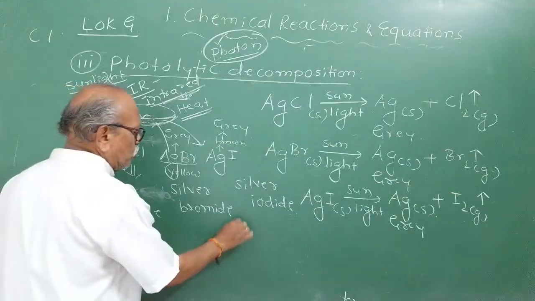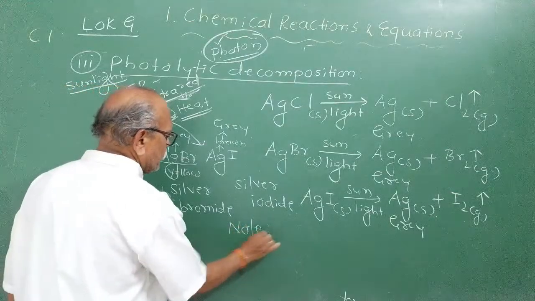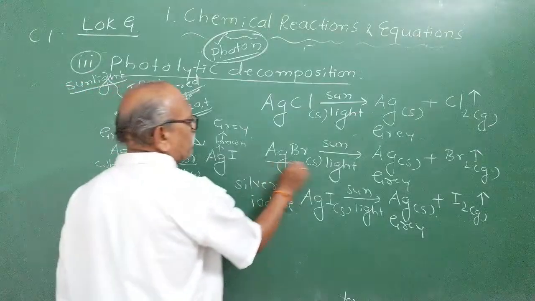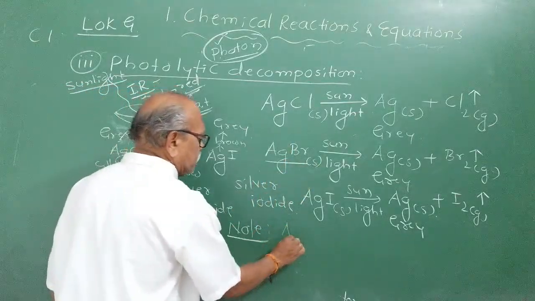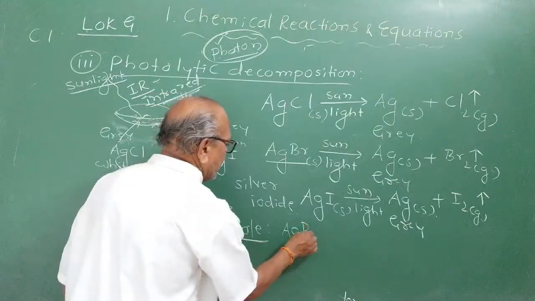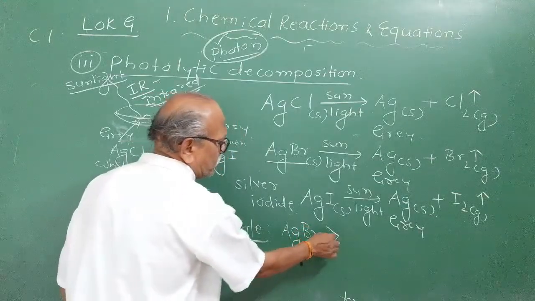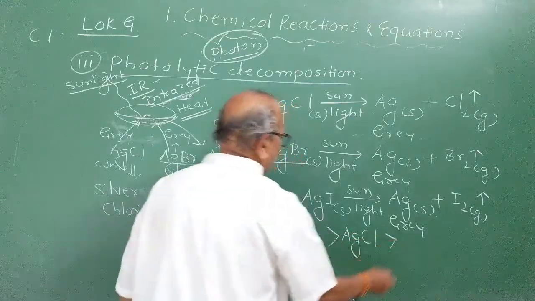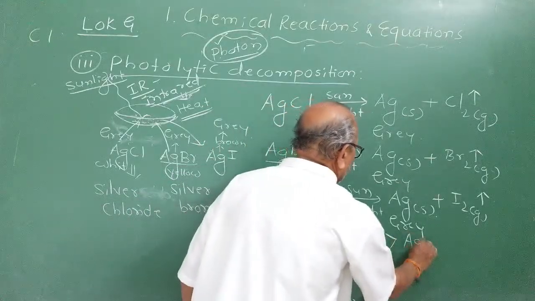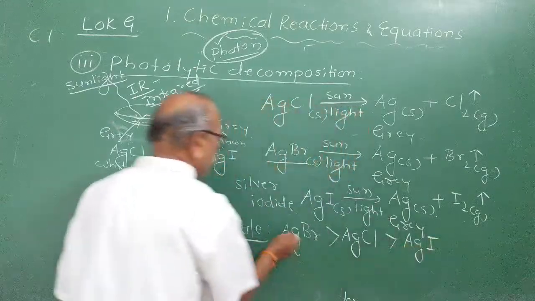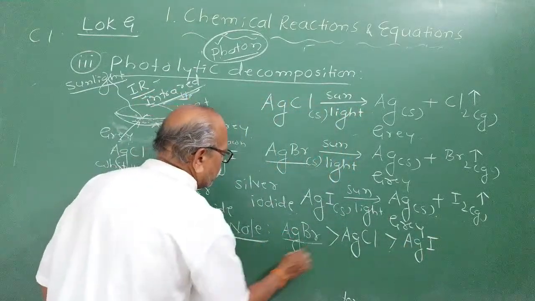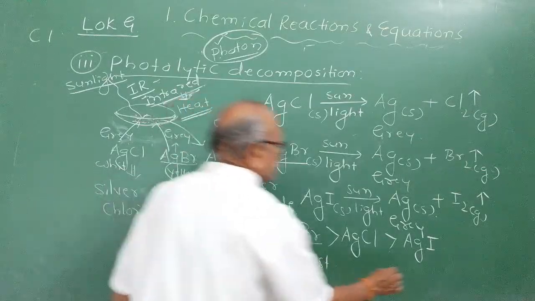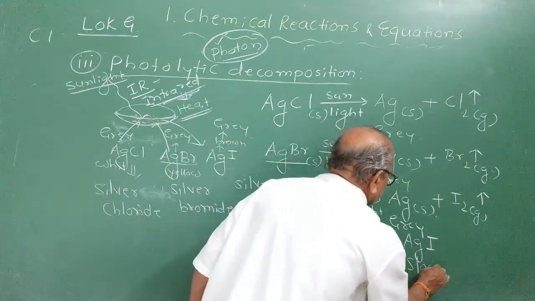Very important note, you may be asked, what is the order of reactivity? Generally, silver bromide reacts very fast. Silver bromide reactivity is greater than silver chloride, and silver chloride is greater than silver iodide. That means decomposition of silver bromide is fastest and silver iodide is slowest.